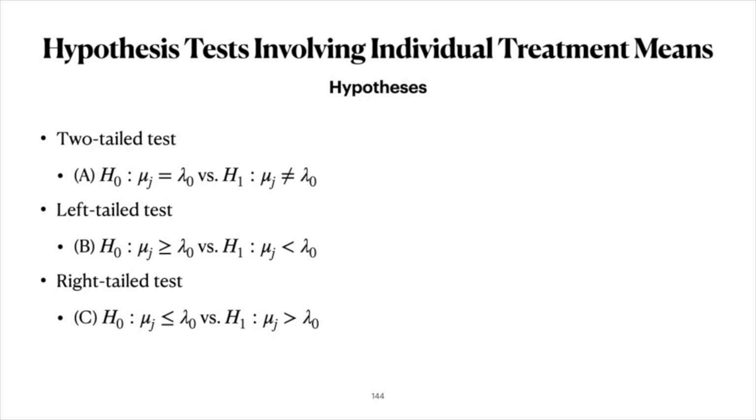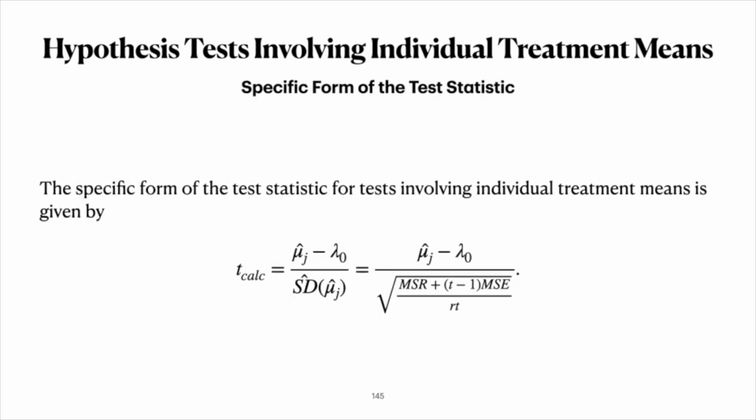With that in mind, we have three sets of hypotheses: a two-tailed test, a left-tailed test, and a right-tailed test. In each case, both the null and alternative contain statements involving only one of the treatment means.